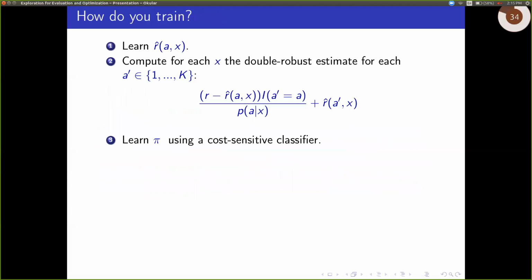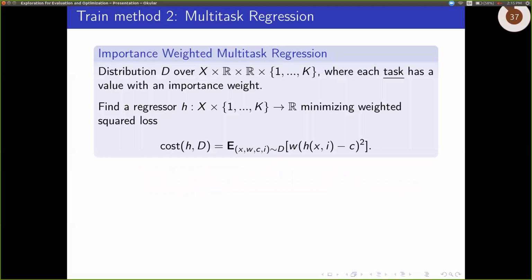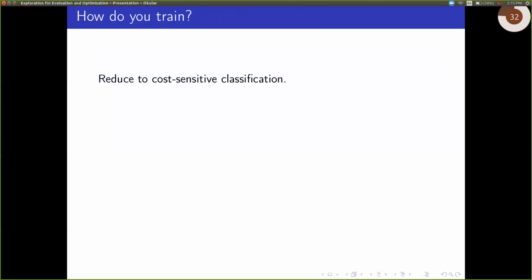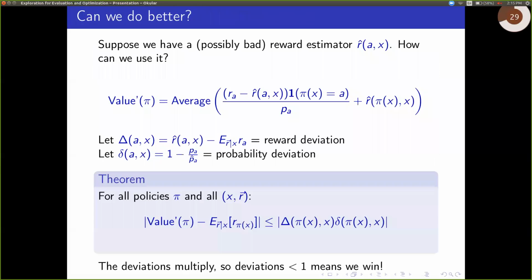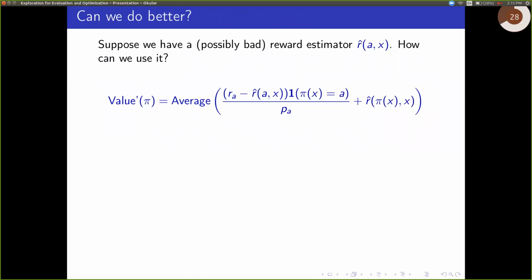So multitask regression is an example. You can do multitask regression for training, but it does not give you an unbiased way to estimate the value. If you want to do unbiased value estimation, then you want to be thinking about things like double robust and IPS. And IPS doesn't give us a way to learn.